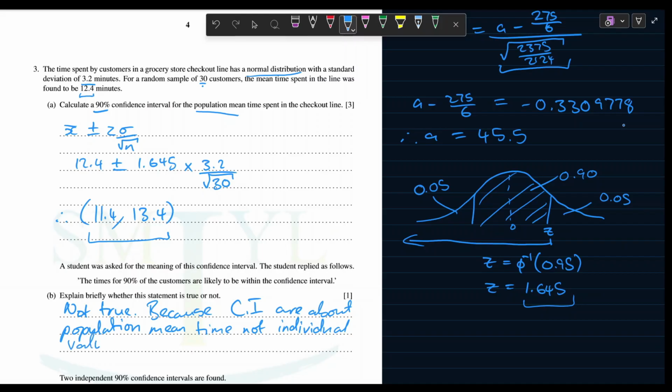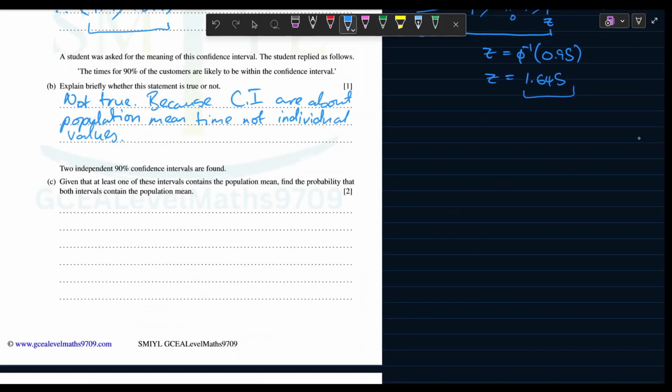Okay. And now we're given that two independent 90% confidence intervals are found. Given that at least one of these intervals contains the population mean, find the probability that both these intervals contain the population mean. Okay, so this is conditional probability, right?